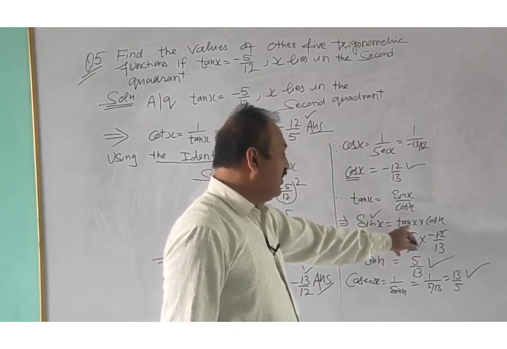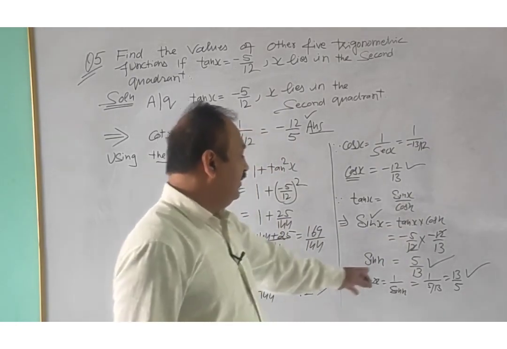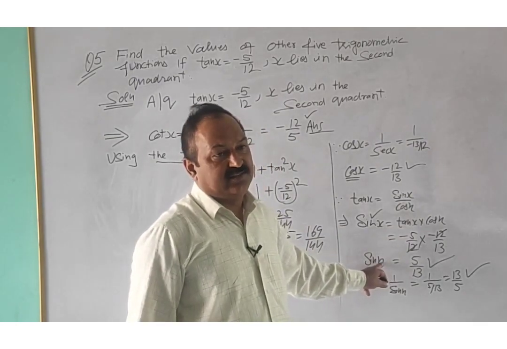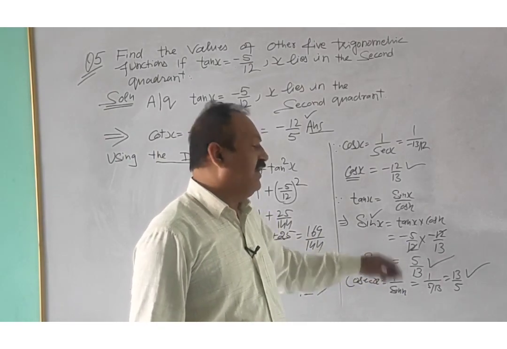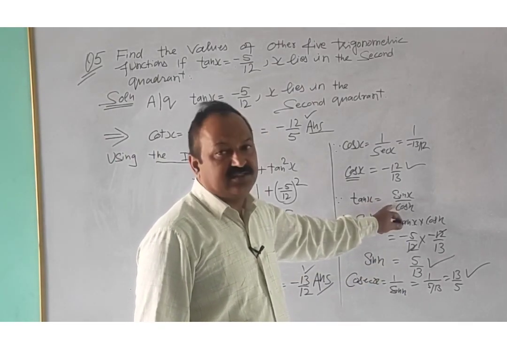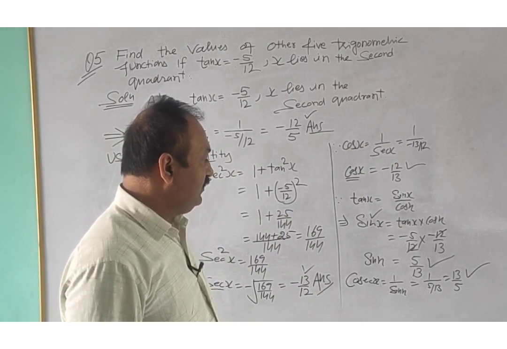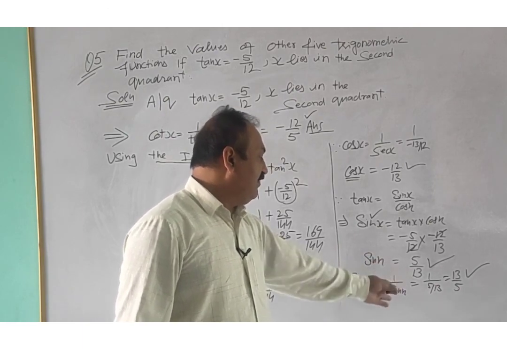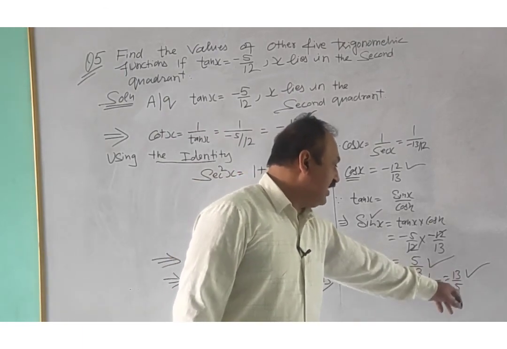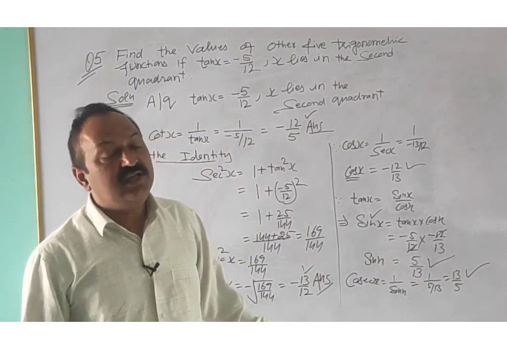Because we have already the value of tan x and cos x, substituting the value, you get the value of sin x. There are other methods to calculate the value of sin x, but this is the easiest and simple calculation formula. And taking the inverse of sin x, we get the value of cosecant x, that is 13 upon 5. And this is the solution of this question.